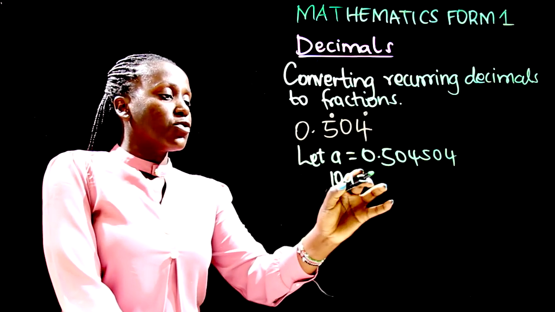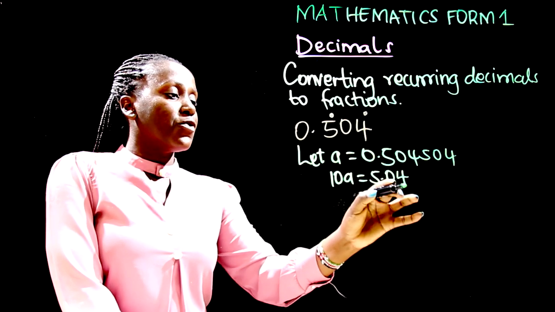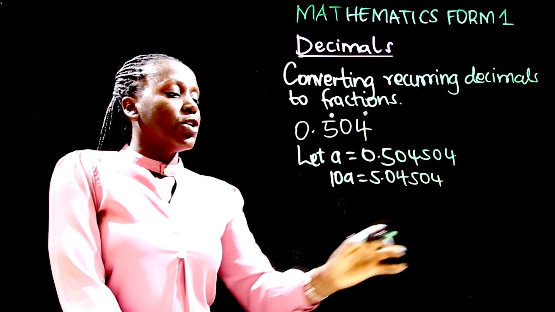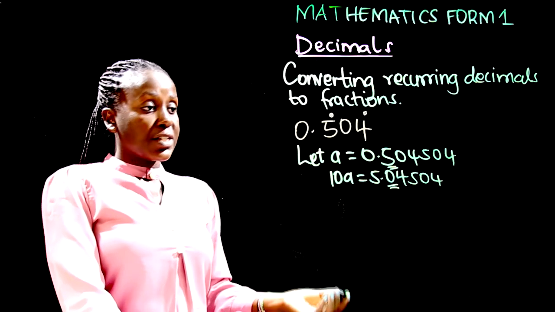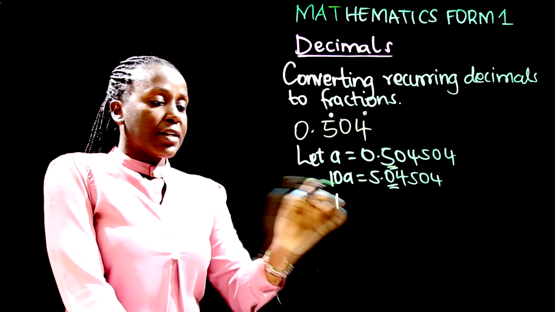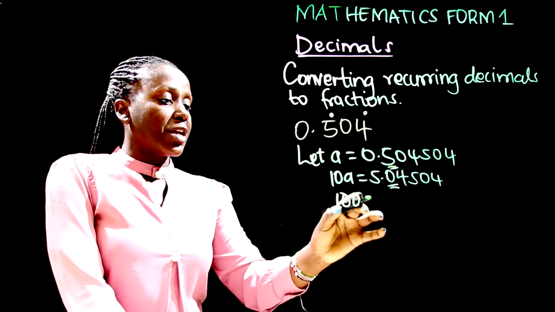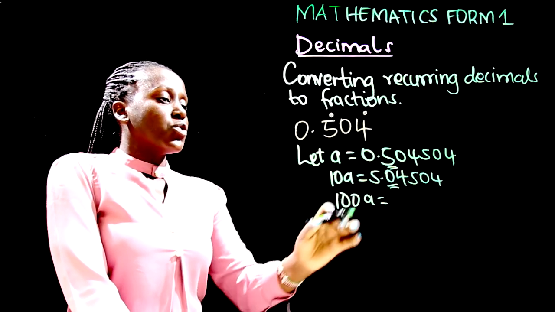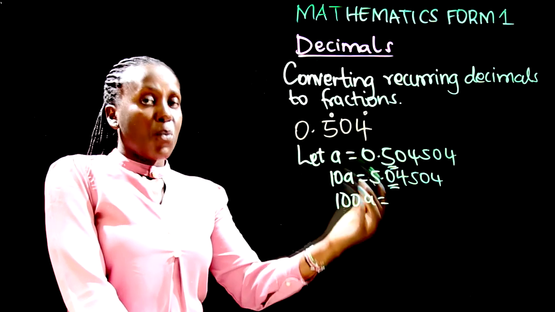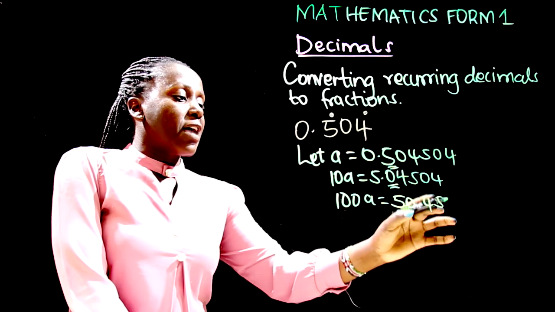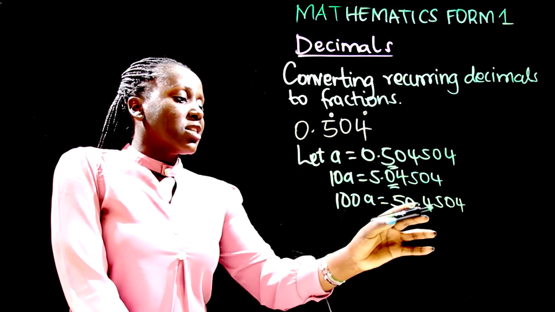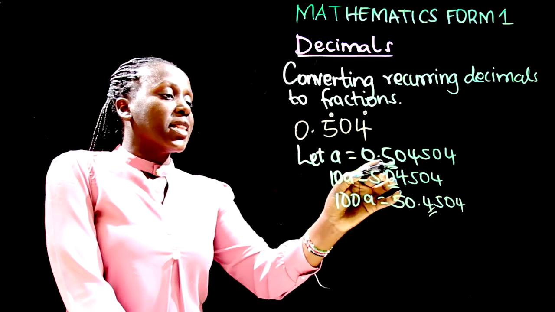10A will be equal to 5.04504. Then, since this is 0 and this is 5, and they are not the same, we go ahead and get 100A, which will be equal to, we move the decimal point forward one step again, so this becomes 50.4504. So now this is 4, this is 0, and this is 5.